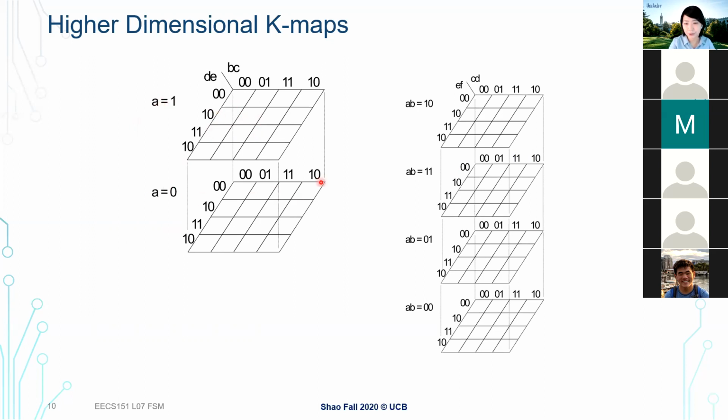And for the 6-variable case, we can stack them together. Again, we are still using Gray coding here because we still want to create the adjacency. That's pretty much the max you can do if you think about how you can visually see the adjacency using the 3-dimensional representation. So typically, at most for a Karnaugh map, we go to 5 or 6 variables.